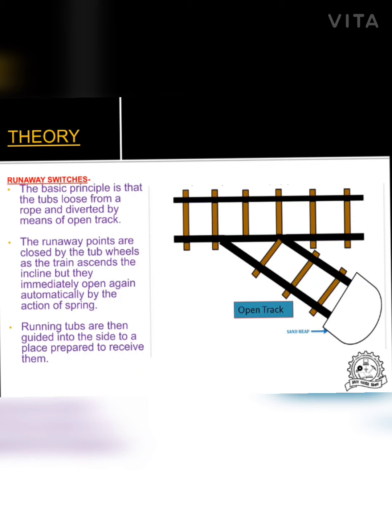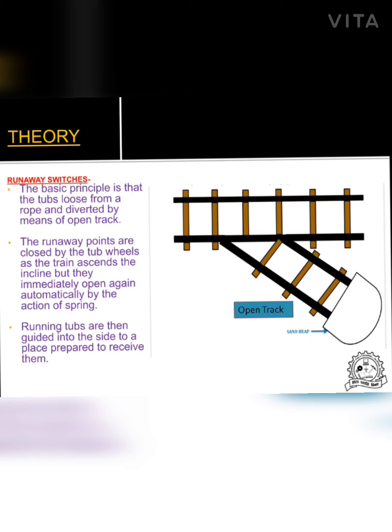Runaway switches are another type of safety device generally used in haulage roadway systems. The main principle of this device is that the tops loose from the rope are diverted by means of an open track. As shown in the diagram, the top is diverted to another track, the open track.